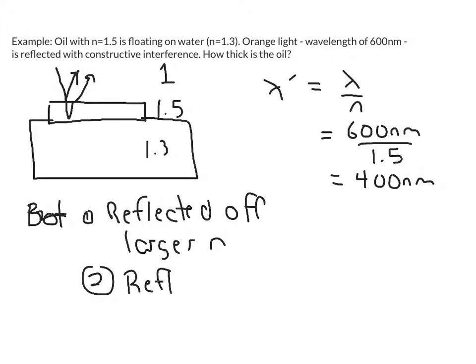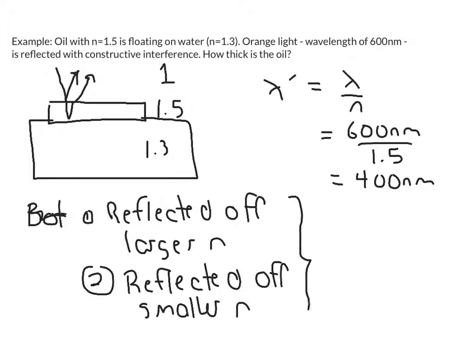So it reflected off a smaller n. If this is all that happened, just the reflections, then these two bundles of light are out of phase, because they did different things. One bounced off a larger n, the other bounced off a smaller n.